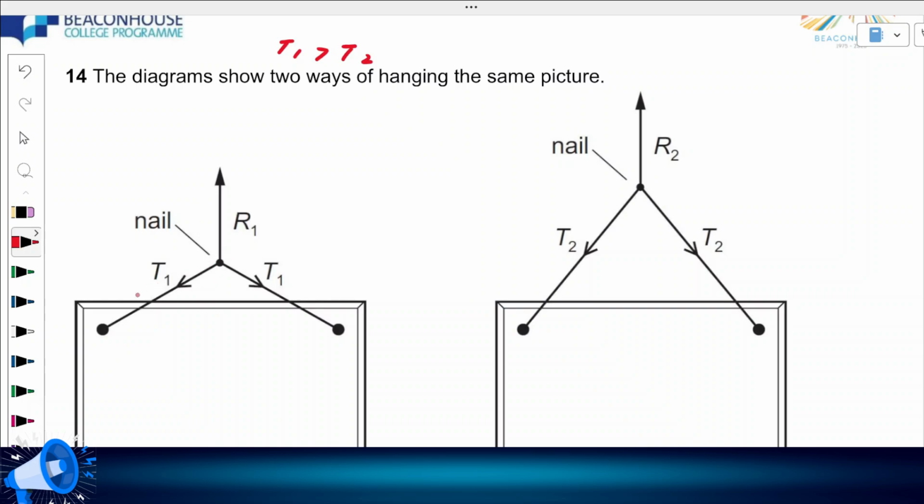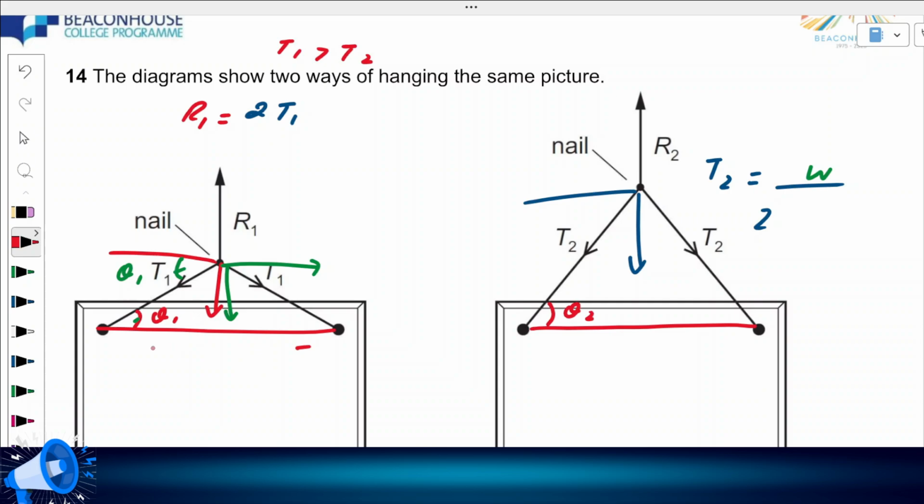So if I write down the expression, let's say this angle is theta 1, and this angle is theta 2. So R1 equals to, the vertical component of T1 would be T1 sine theta 1.